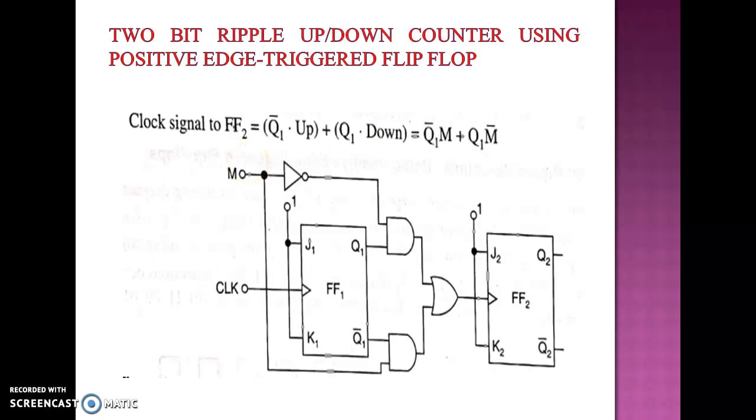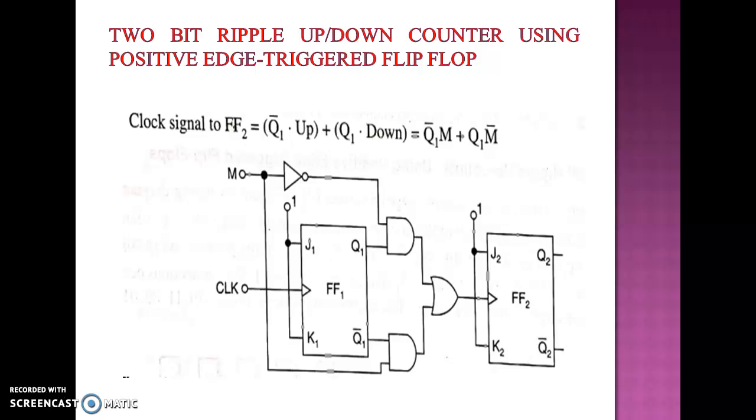The next is 2-bit ripple up down counter using positive edge trigger JK flip-flop.